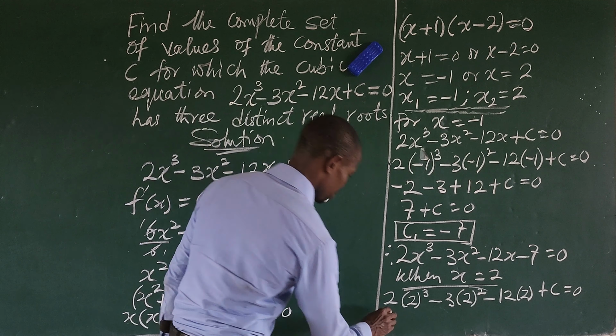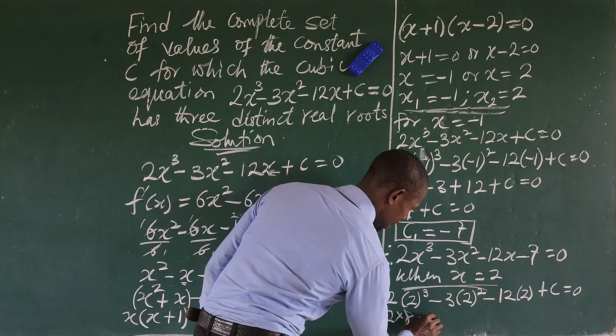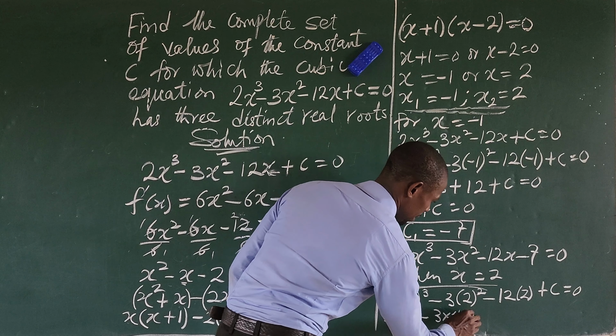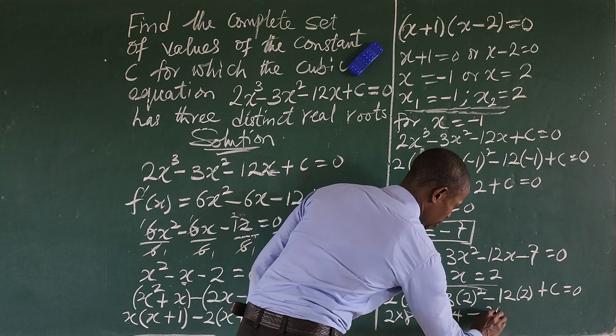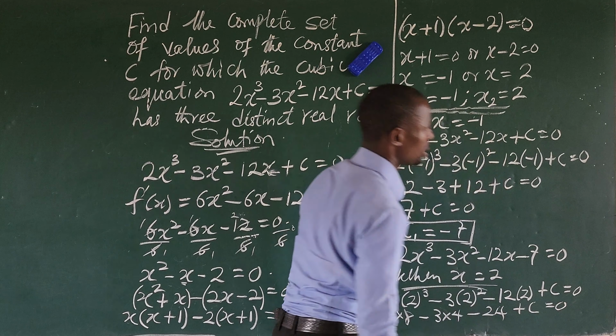Of course, this will give us 2 times our 8, then minus 3 times our 4, then minus 24 plus our c equal to 0.